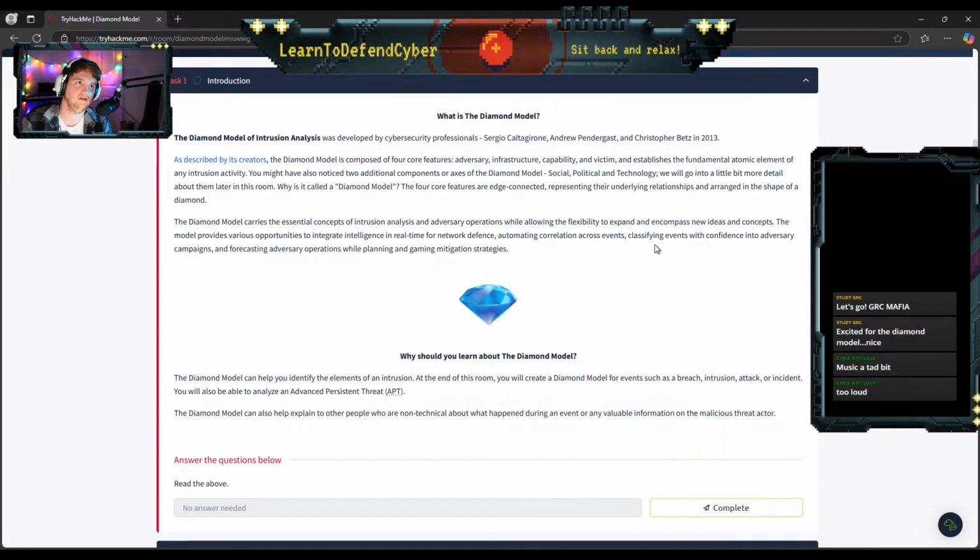Anytime I've heard the diamond model brought up, or I've used it, it's usually by cyber threat intelligence analysts. I've never really heard of how you could use the diamond model internally. Obviously, if you were actively intruded and somebody was in your environment, you could definitely use these four cores to tie in attribution, like, okay, this activity looks like it was because of this infrastructure, because of this technique.